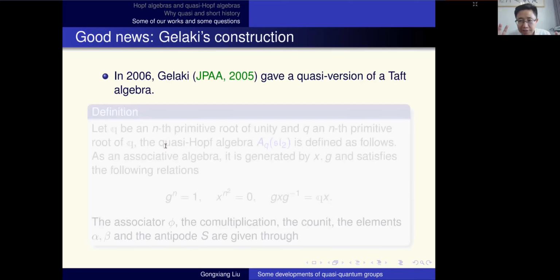And so we have some good news. This means this way may succeed, because in 2006, Jelinek already gave a quasi version of the Taft algebra. You know, in the Frobenius kernel, the smallest or simplest is small U_q(sl_2).